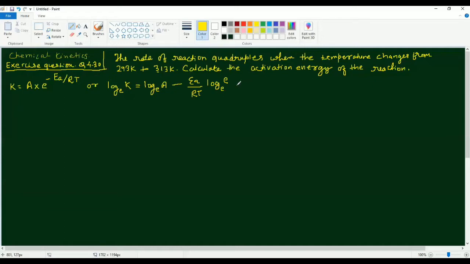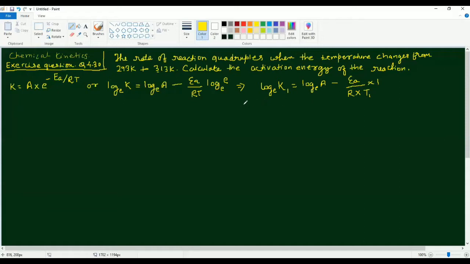So we can write two equations for two different temperatures like this. Log e K1 will be equal to log e A, which will remain constant, minus EA, which we have to find out, R is a constant, multiplied by T1, and log e base e will be equal to 1.